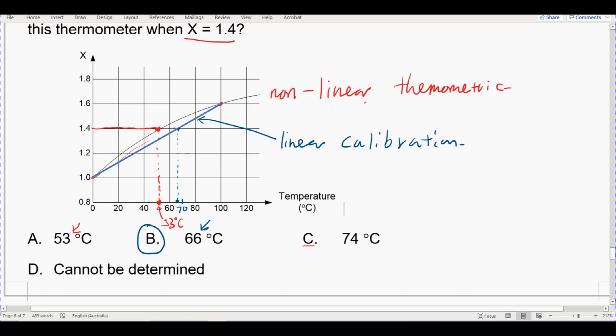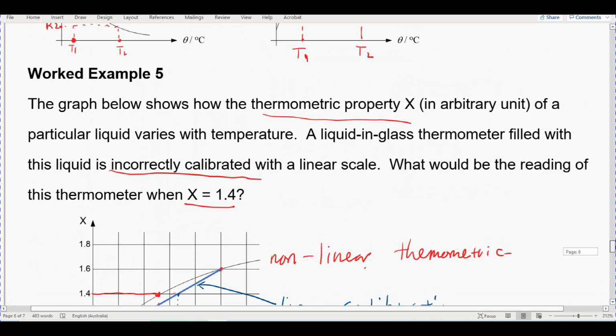But you need to understand that if you had that graph at hand, then you know at 1.4 the correct reading is 53. But people using that incorrectly calibrated thermometer don't have such a thermometric graph in their hands, so they can only rely on the readings which are incorrectly calibrated on that thermometer. So they will give you a reading of 66 degrees. That's a bit tricky, isn't it?